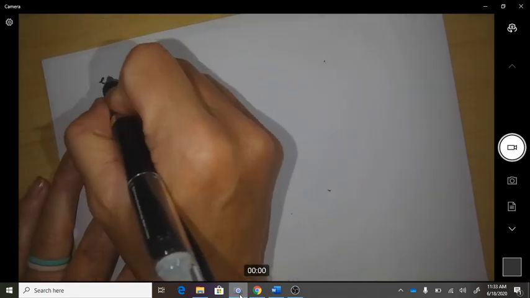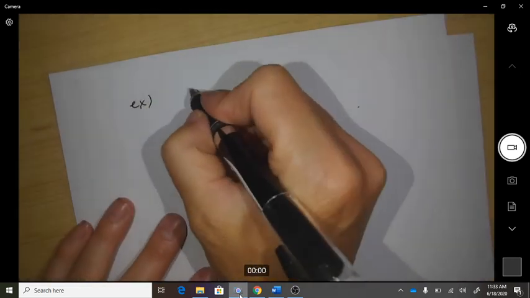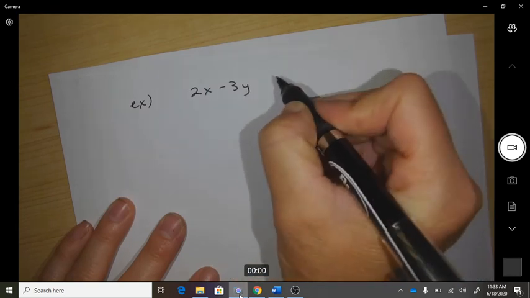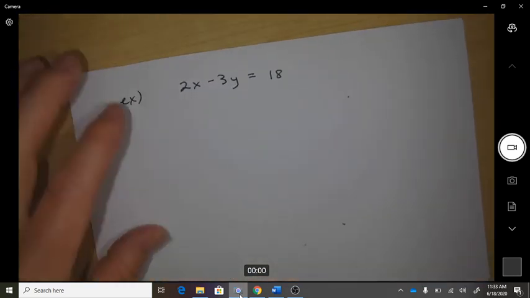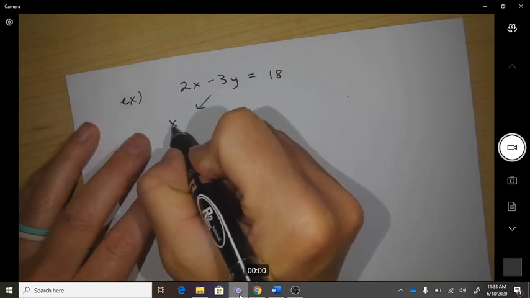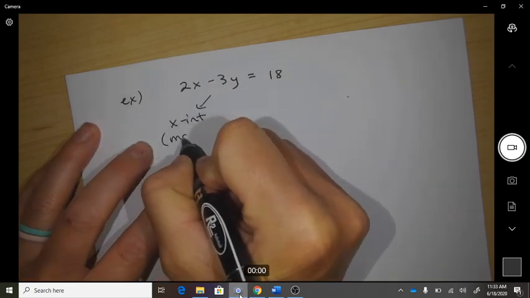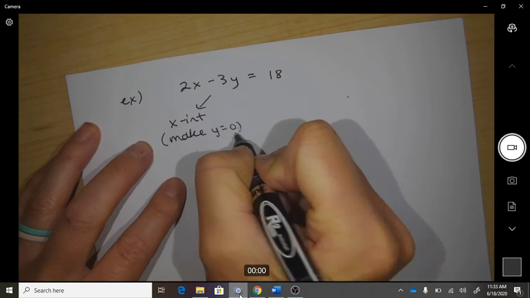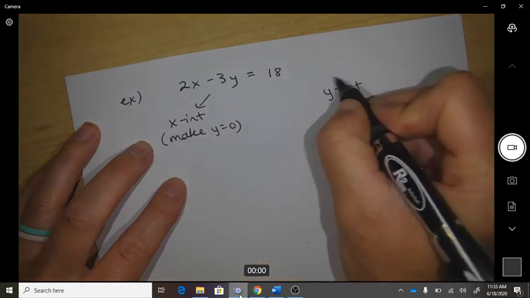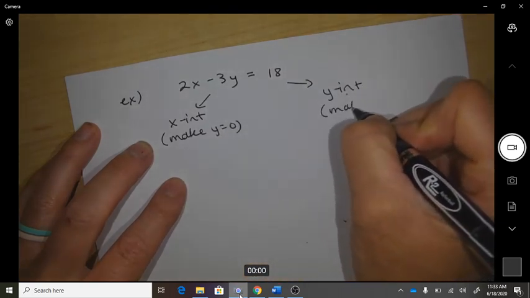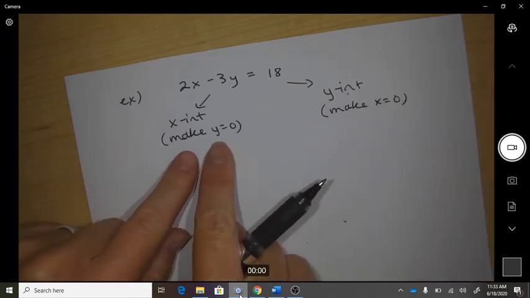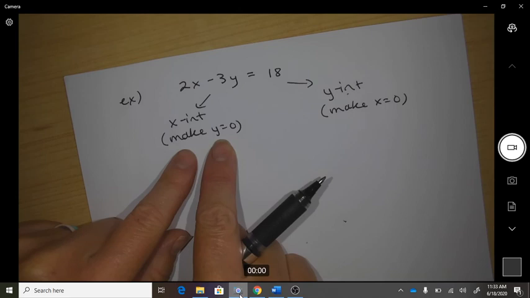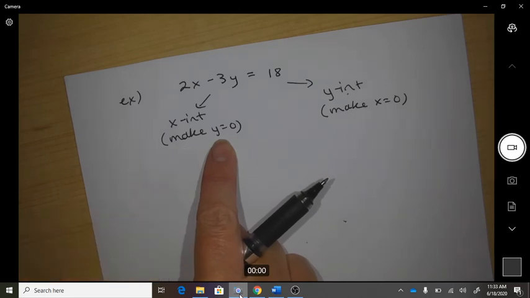Okay, another example of that: 2x minus 3y equals 18. So x-intercept, make your y 0, and we'll do a y-intercept, which means make your x 0.